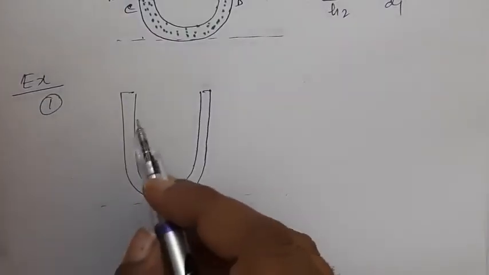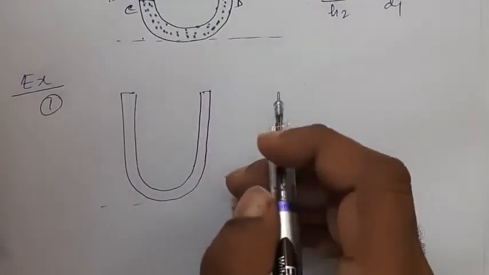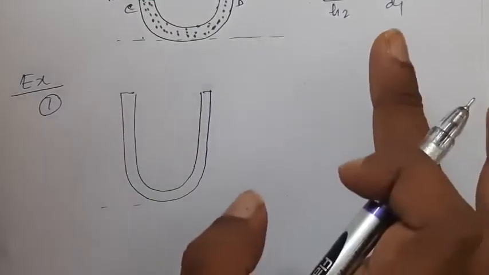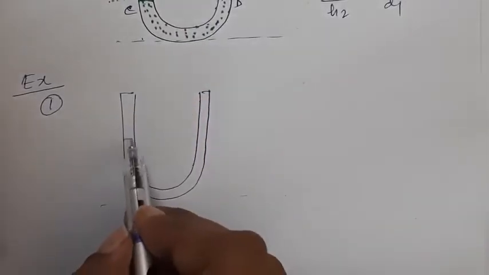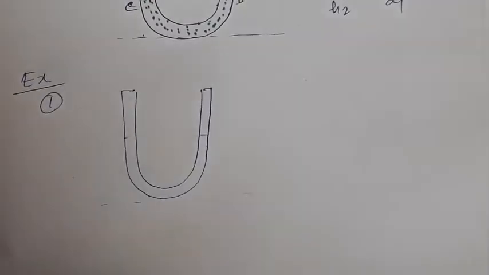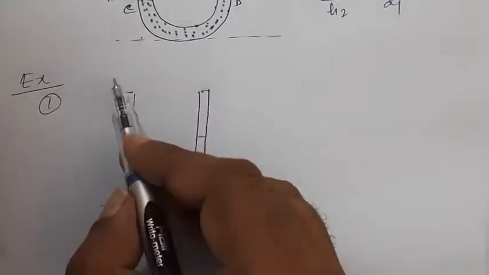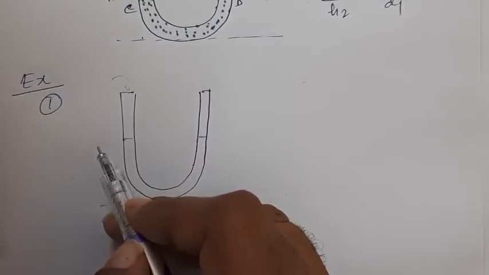Now we take a very simple example of the previous theory. This is a vertical U-tube of uniform cross section. That means the cross sections of both the limbs are the same, and it contains mercury. So the mercury level in both the tubes would be like this at the initial stage. Now through one of these limbs, some water is poured such that the mercury level in that limb goes down by 2 cm.